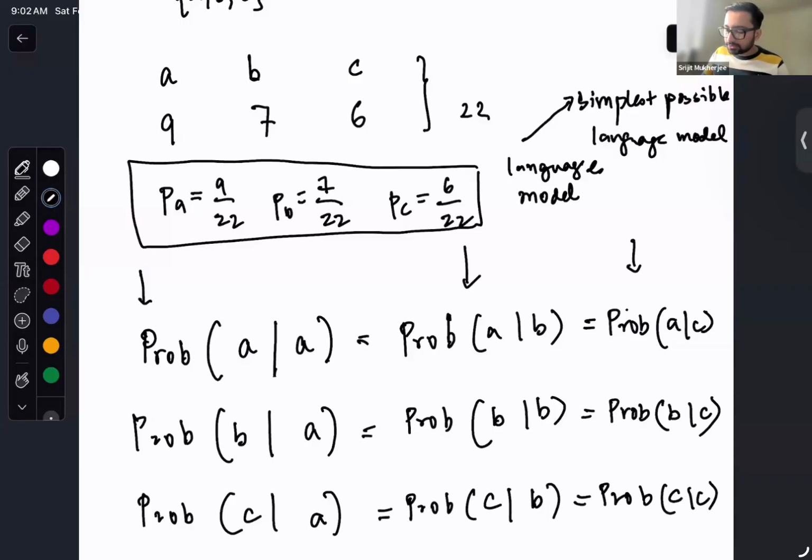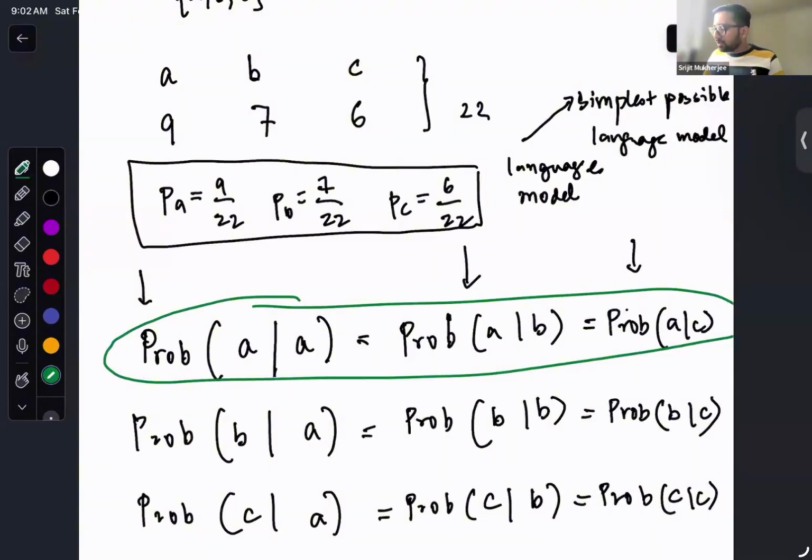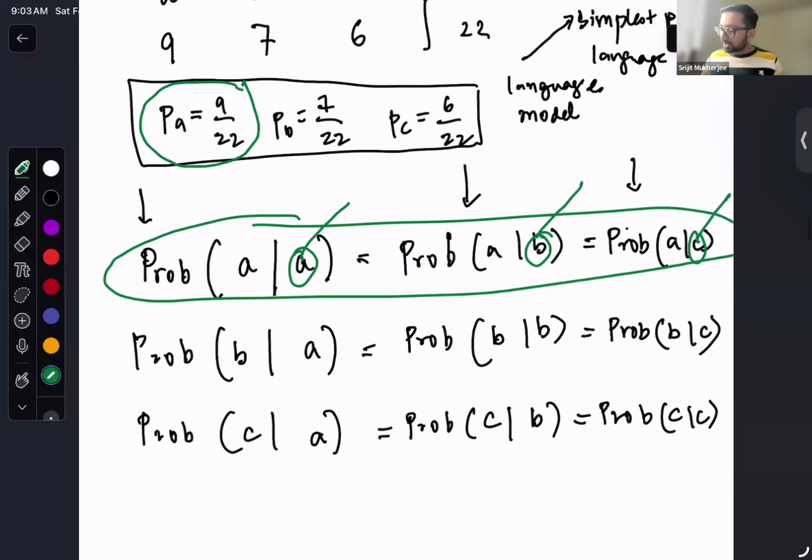So observe this one. Whatever I observe in this case, whether I observed A, B, or C, the probability is the same, right? Does it make sense? Whatever I observe here, the probability of B is the same because these probabilities are fixed.